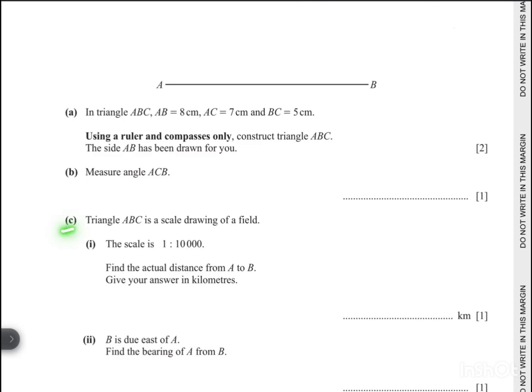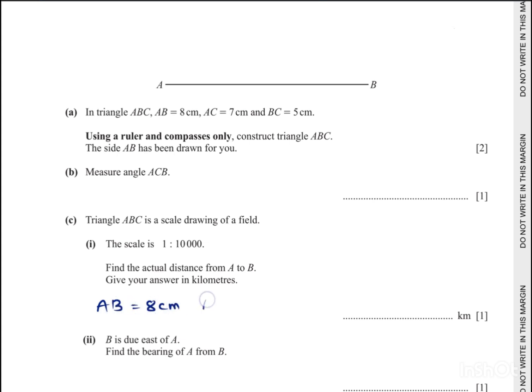Question C: triangle ABC is a scale drawing of a field. The scale is 1 is to 10,000. Find the actual distance from A to B. Give your answer in kilometers. Now already we know that from A to B it is 8 centimeters.